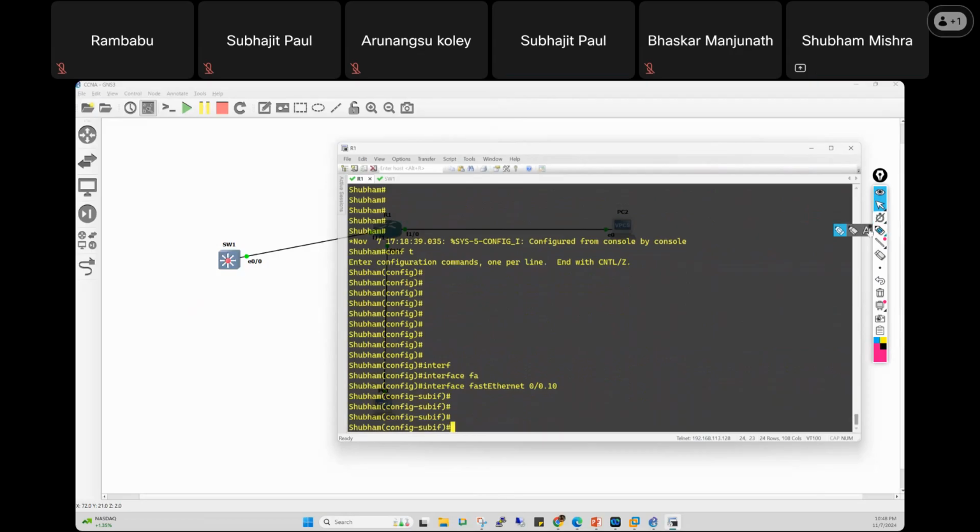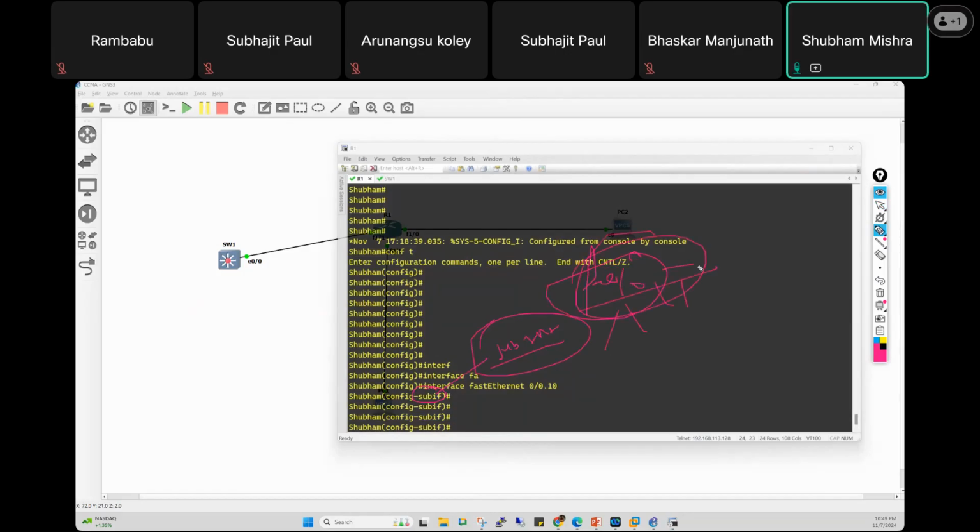Are you able to see here config-subif? What do you mean by subif? That means sub-interface. This is a sub-interface. It means FastEthernet 0/0 is the primary interface, and we can create multiple sub-interfaces for this primary interface.